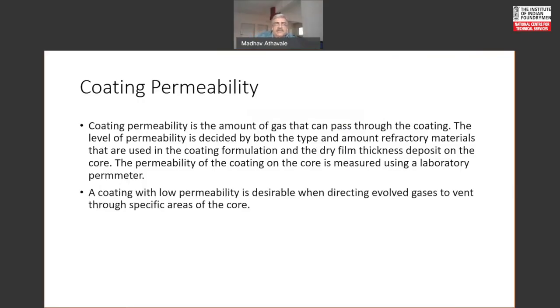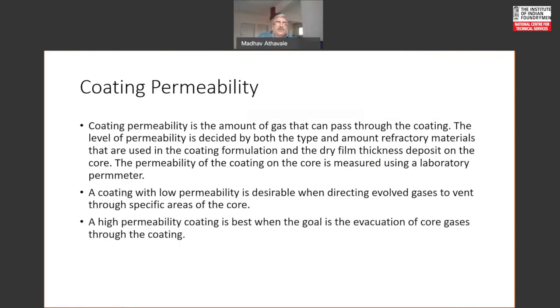This is where the coatings with lower permeability are useful. And coatings with higher permeability are when you have to remove the core, or in case of evaporative pattern casting process, you have to exhaust the gases of the pattern itself, which is getting replaced by metal, out through. So you need special formulations for that.